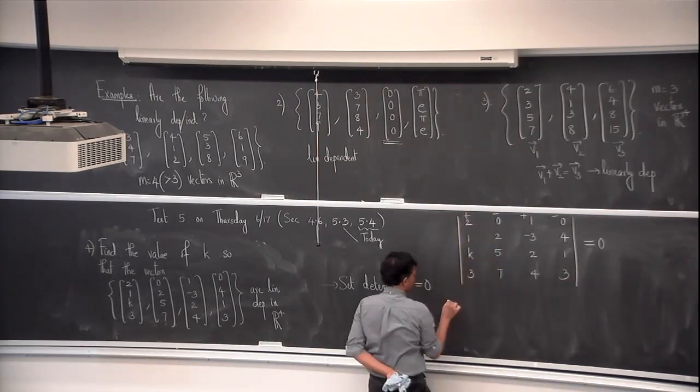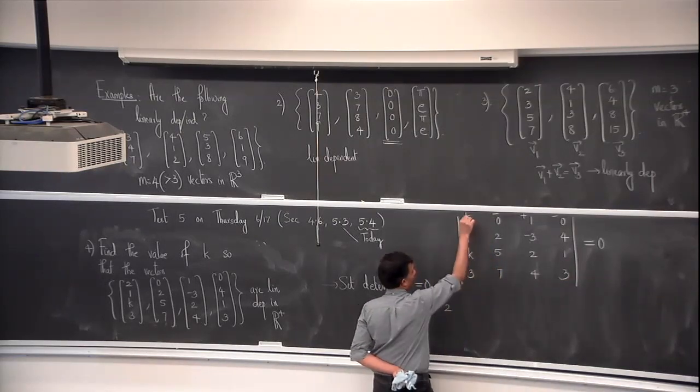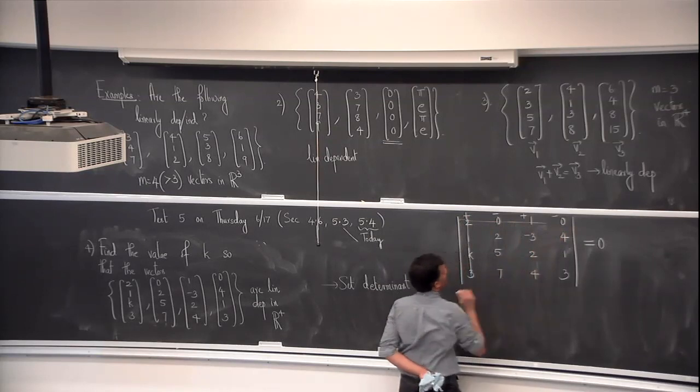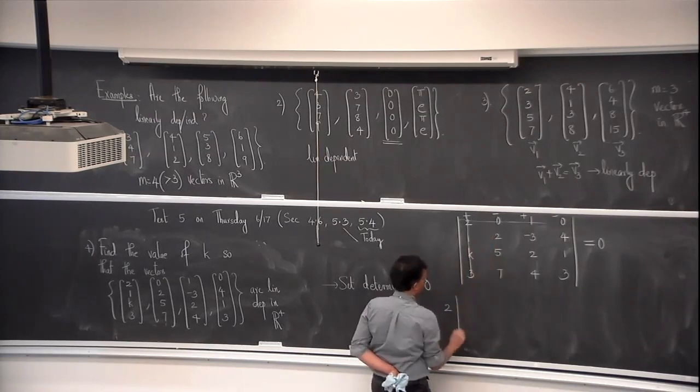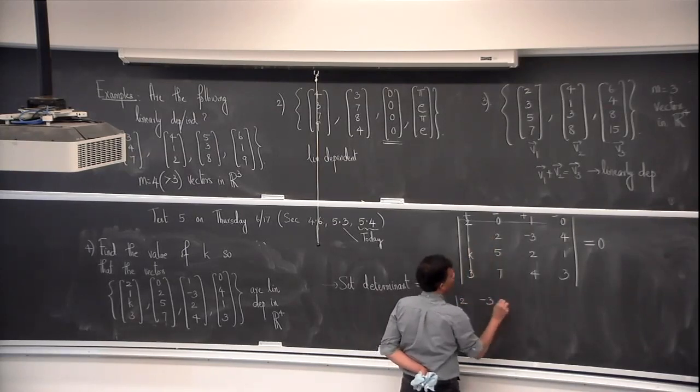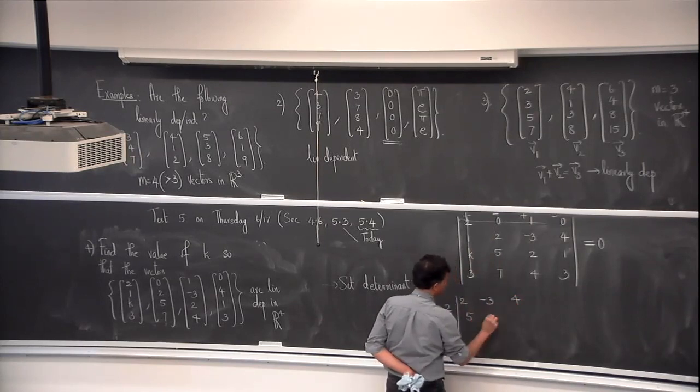So this is 2 times the 3 by 3 minor. That's going to be 2, negative 3, 4, 5, 2, 1, 7, 4, 3.